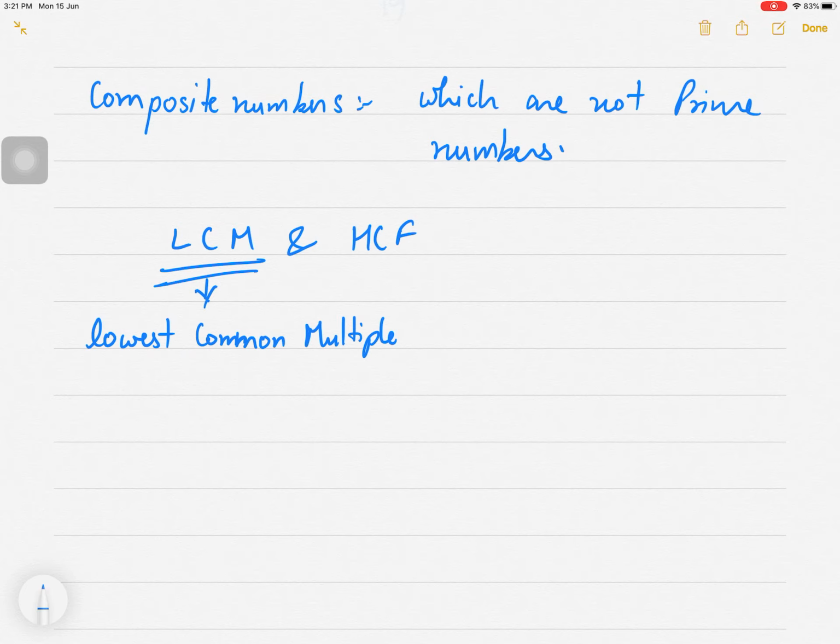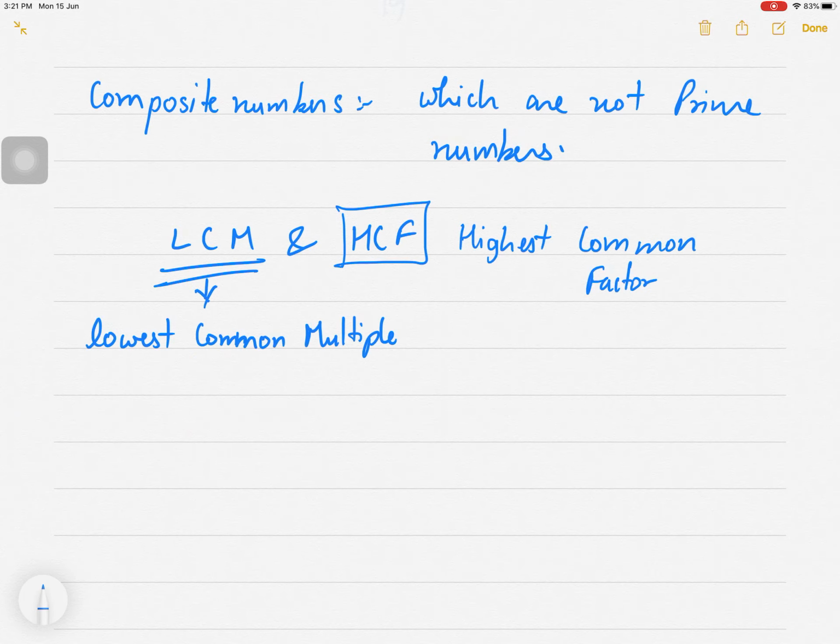Correct, lowest common multiple. And what is HCF? HCF is highest common factor.